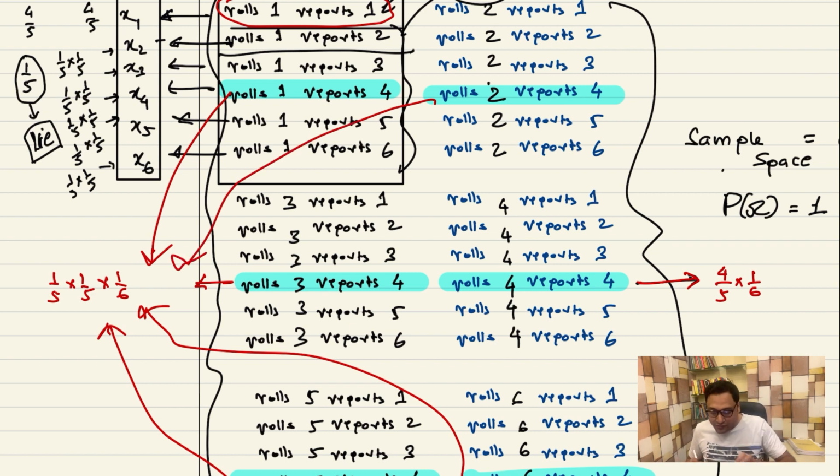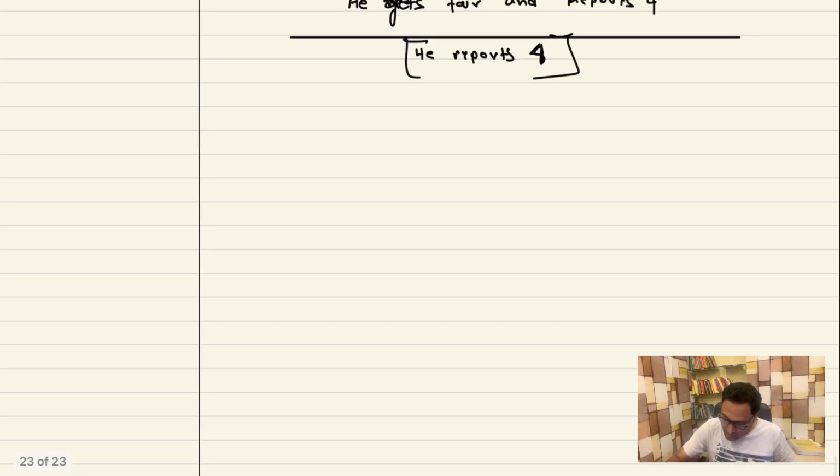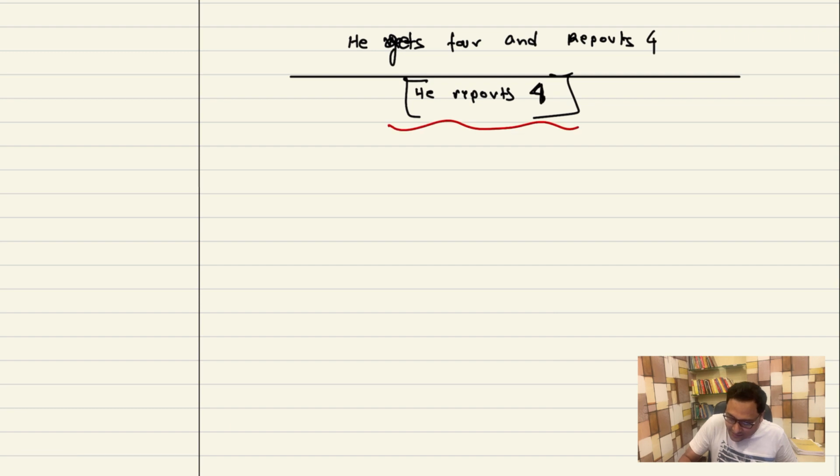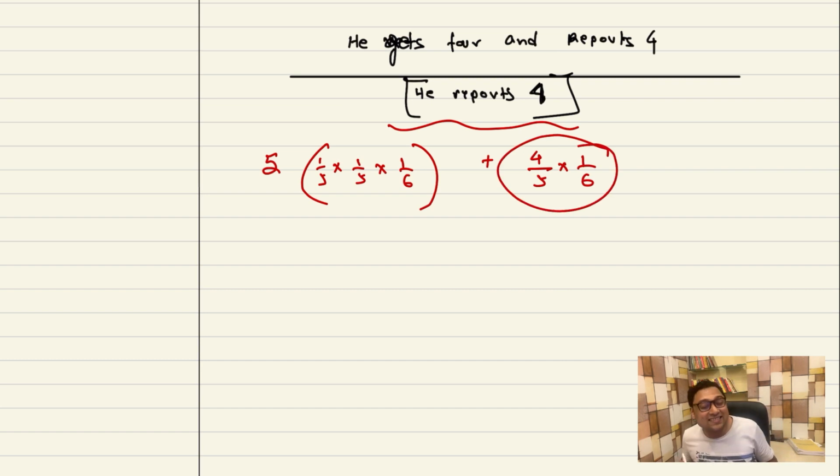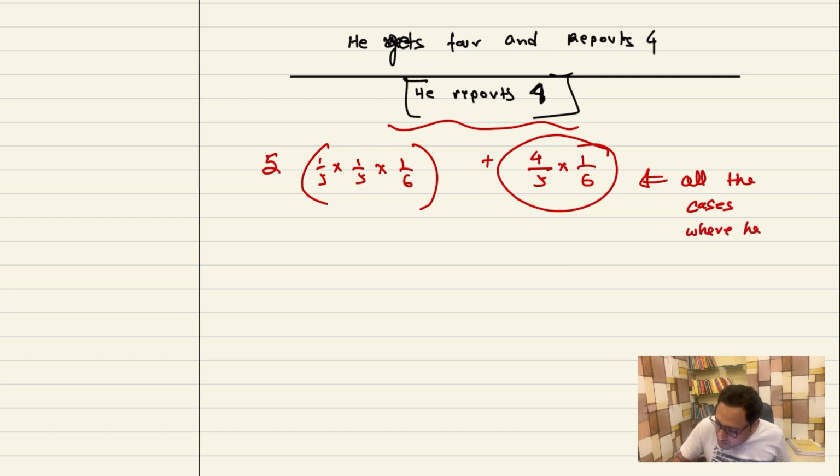So 5 of them have 1/5 of 1/5 of 1/6, and one of them has 4/5 of 1/6. That's the denominator: all the cases where he reports 4.